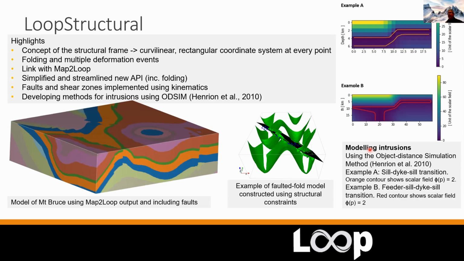And similarly for faults, they're defined by a damage zone as an ellipsoid, and then the structural frame is defined by the slip direction, a direction perpendicular to the slip direction within the fault, and then a direction perpendicular to the fault. Of course, these parameters are not things we measure in the field. It's very rare that you can actually measure the direction of slip and the amount of slip on a fault.